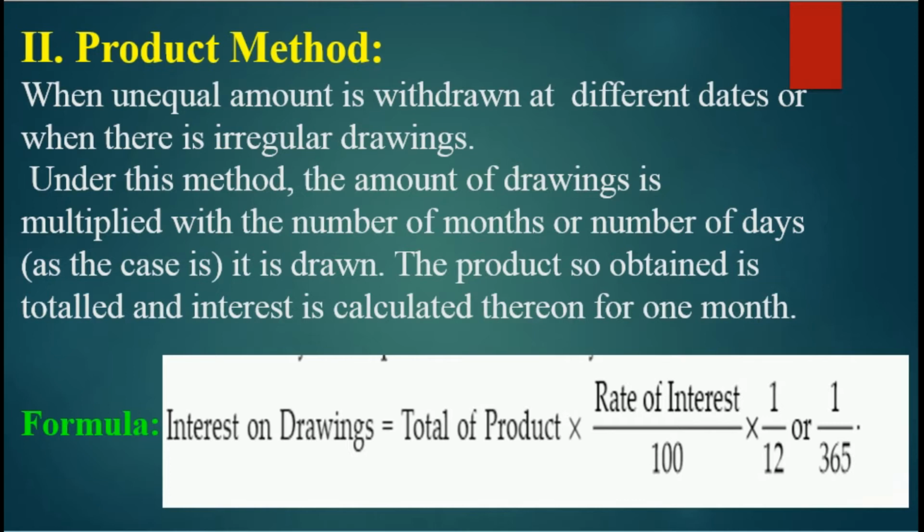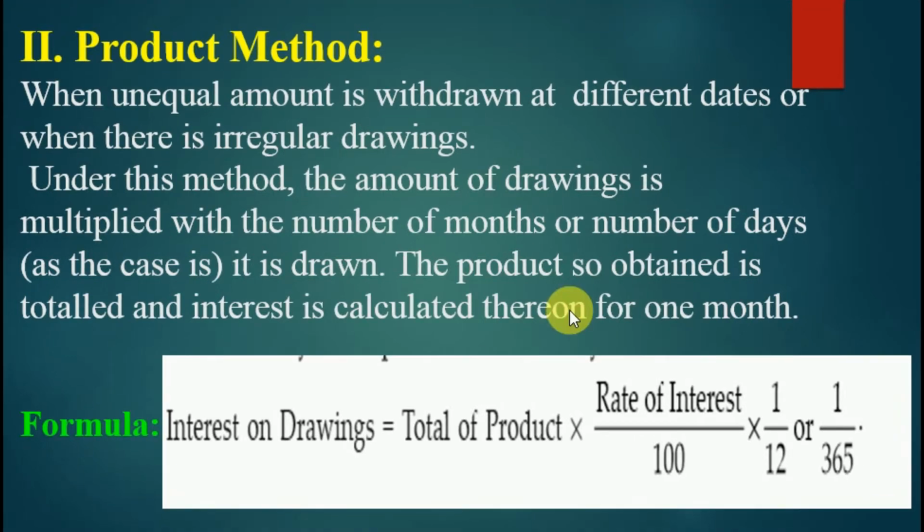In case of regular withdrawal activities, we will use the average period method, in which the withdrawal amount remains the same in the total period. But in case of irregular withdrawal activity, we will use the product method, when unequal amounts are withdrawn by the partners at different intervals.